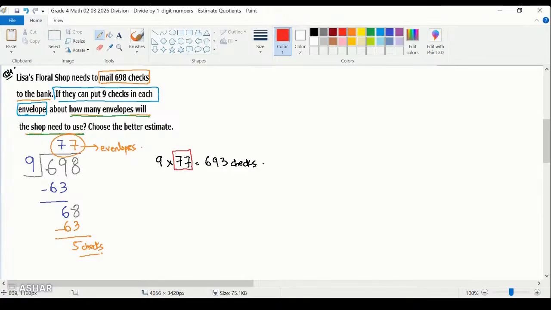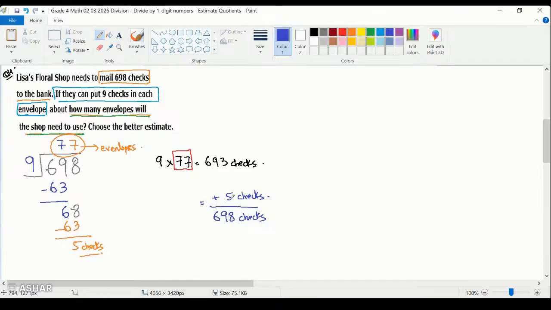But what was the total number of checks? The total number of checks was 698, which were to be paid. That means they still have 5 checks left, right?